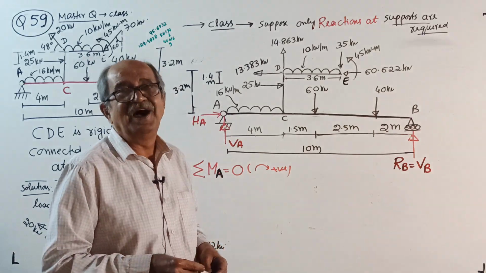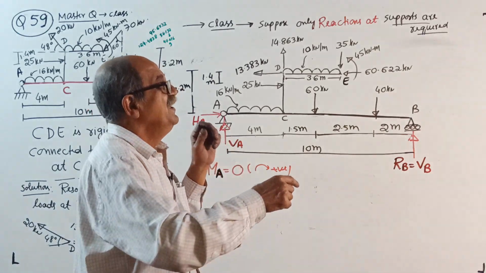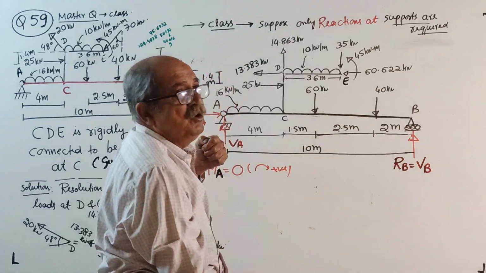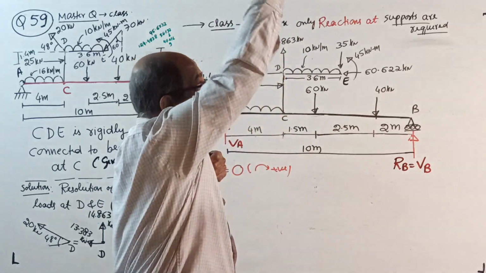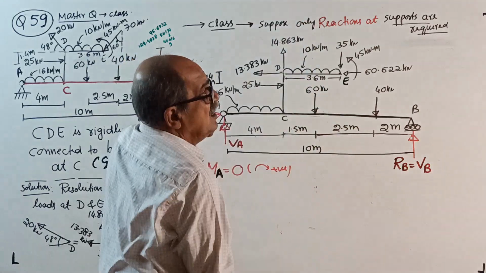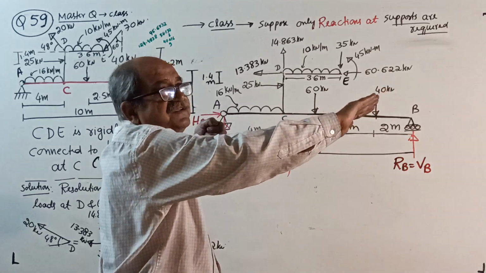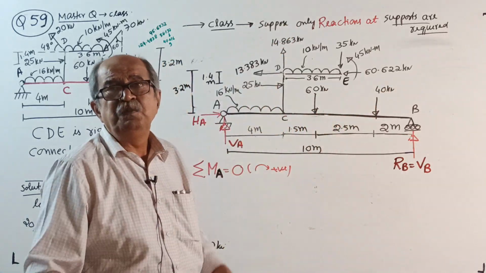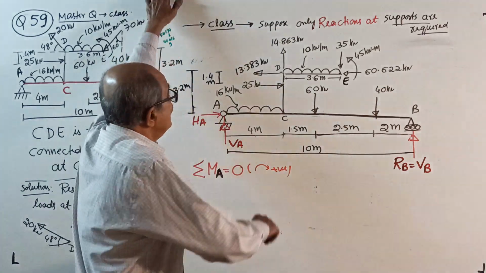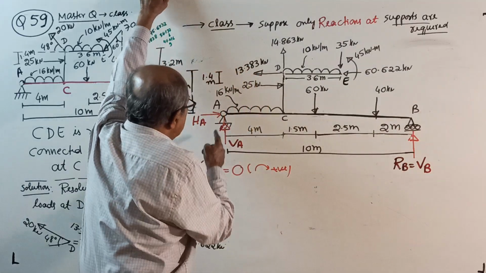Moment means load or force into distance. If the load is vertical, it is load into horizontal distance, or load into perpendicular distance from the point about which you want the moment. Now for the complete system, you want the moment about A.